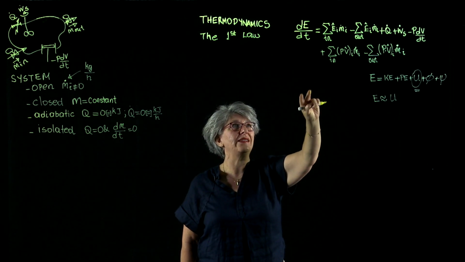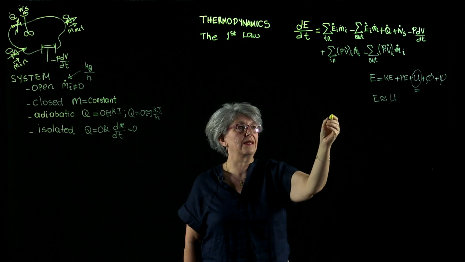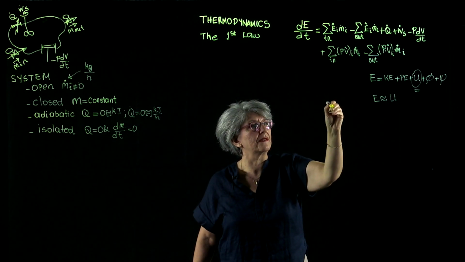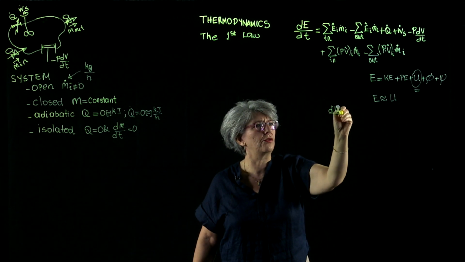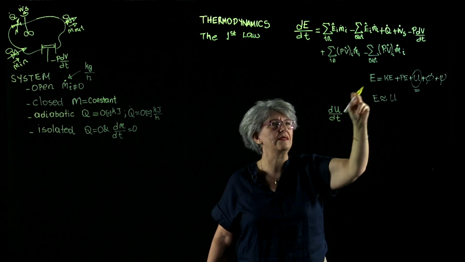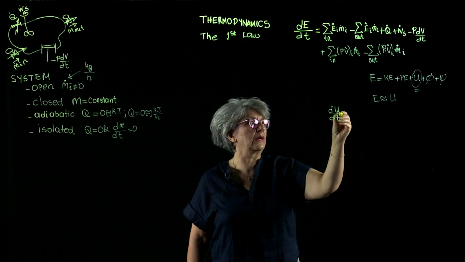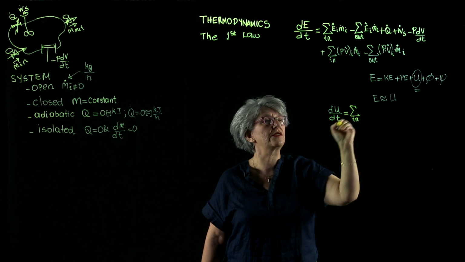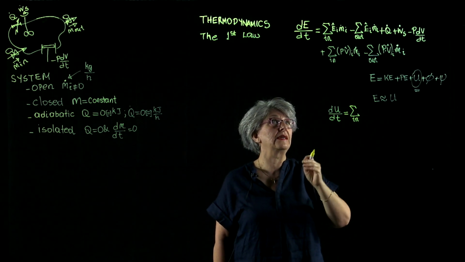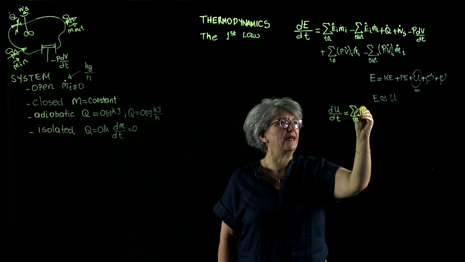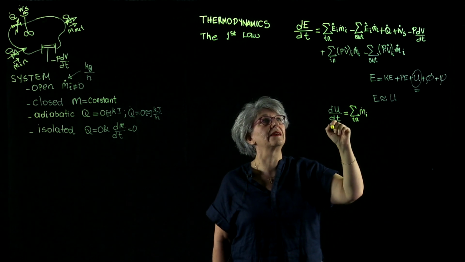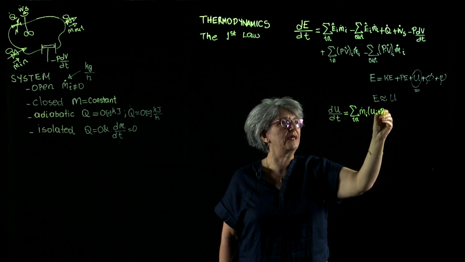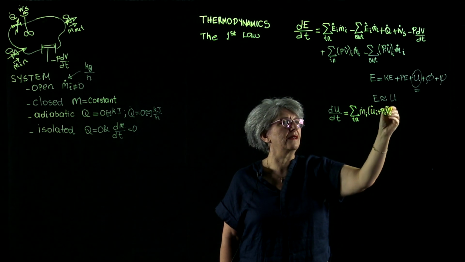Then I will write my energy balance as dU over dt, since E is approximately equal to U, to be equal to the summation of all the streams that come through the system boundaries, incoming streams. I will combine these two terms, m dot_i, u_i plus p_i v_i, with a hat.